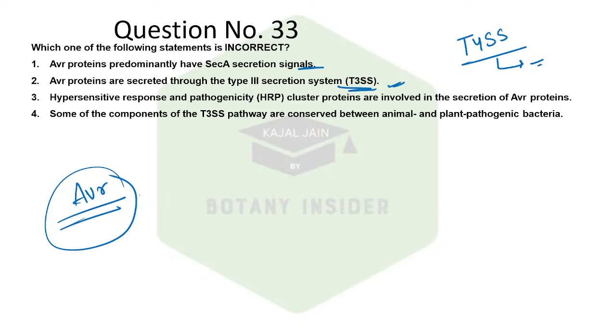First one is AVR proteins predominantly have SEC secretion signal. Option number B is AVR proteins are secreted through type 3 secretion system. Then you have hypersensitivity response and pathogenicity cluster proteins. They are involved in the secretion of AVR proteins. And fourth is some of the components of the T3SS type 3 secretory pathway are conserved between animal and pathogenic bacteria. Give it a try to the question, everyone.